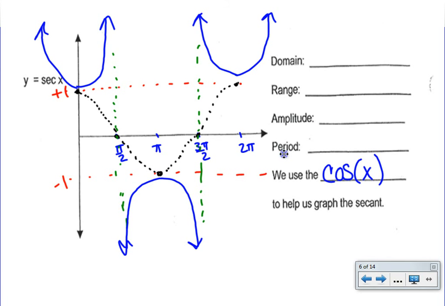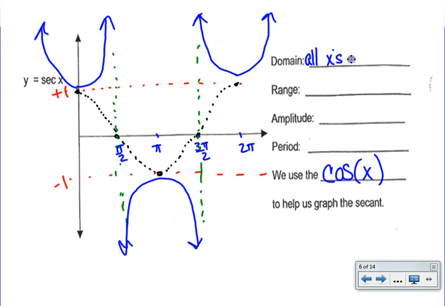All x's except pi. Well, where are the vertical asymptotes located? Pi over 2, and then I don't think we can say pi over 2k, because if k was the number 2, what's pi over 2 times 2? Pi. Is there a vertical asymptote at pi? No. So what we're going to have to do for domain, and this is kind of strange, I wouldn't expect you guys to know this off the top of your head.